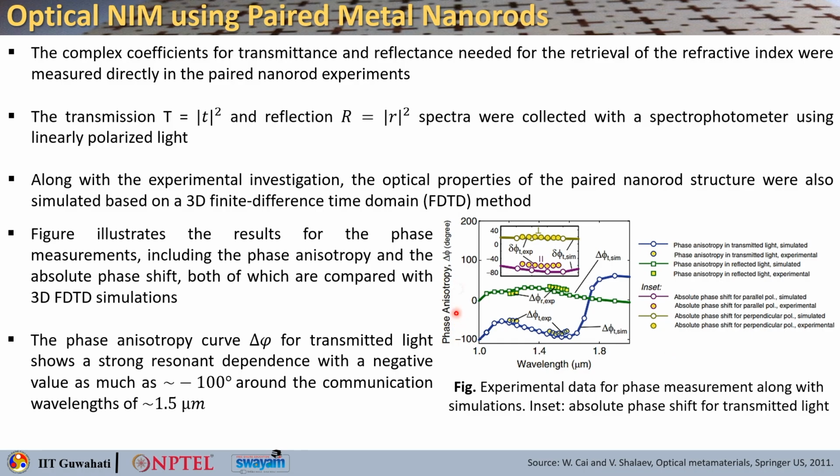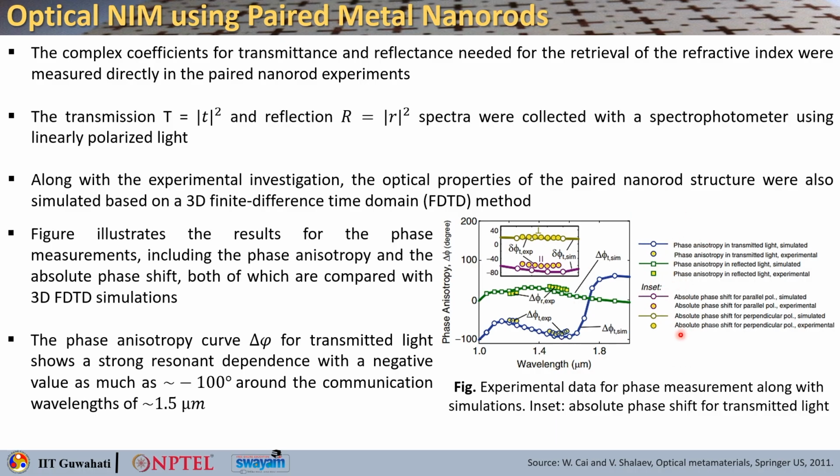This is the phase anisotropy delta phi in degrees, and this is wavelength on the x axis. The phase anisotropy curve delta phi for the transmitted light shows a strong resonant behavior with a negative value as much as minus 100 degrees, somewhere here around the communication wavelength of 1.5 micrometer.